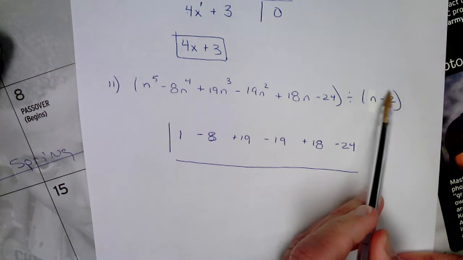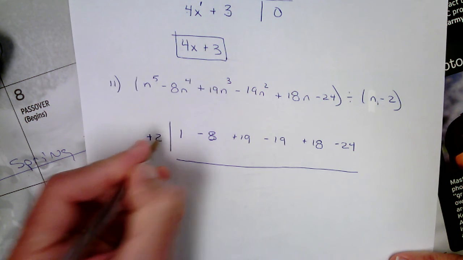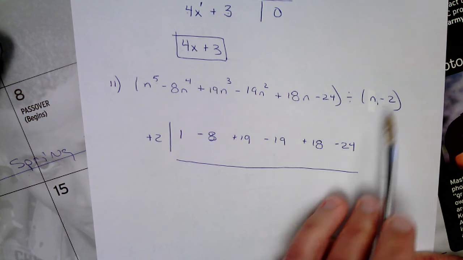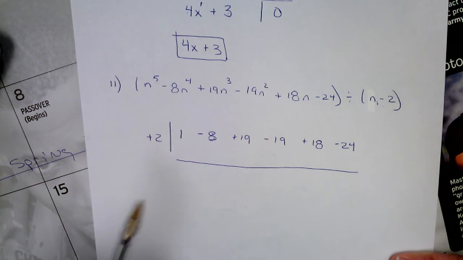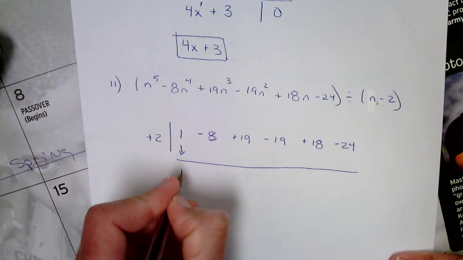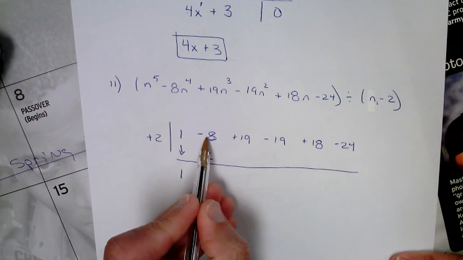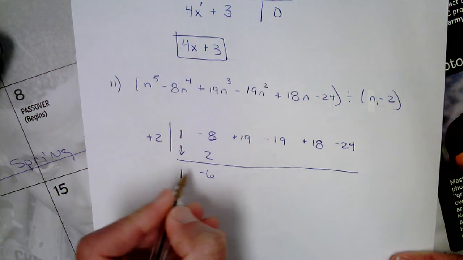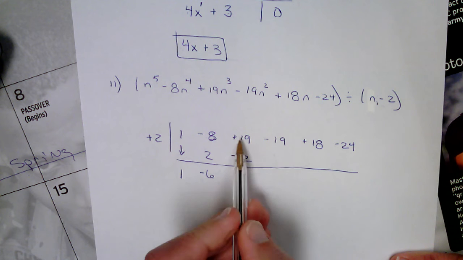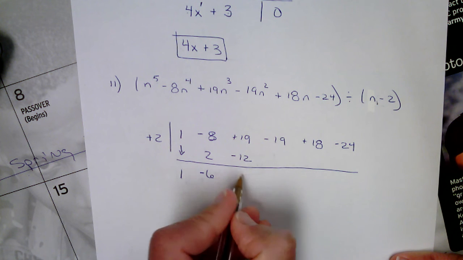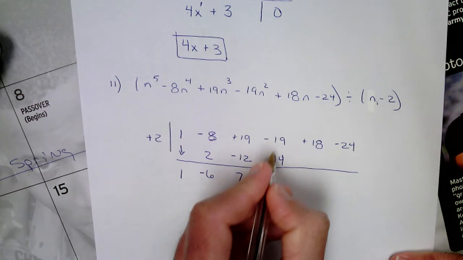Once again, you're going to take the opposite of this. Now, my two examples both had minus, so I'm going to put plus 2 out here. It was plus 10 on the top one. But if that says plus 2, you're going to want to write a minus 2 out here. Again, bring down the first term and then multiply and add. 2 times 1 is 2. Negative 8 plus 2 is negative 6. 2 times negative 6 is negative 12. 19 plus negative 12 is 7. 2 times 7 is 14.